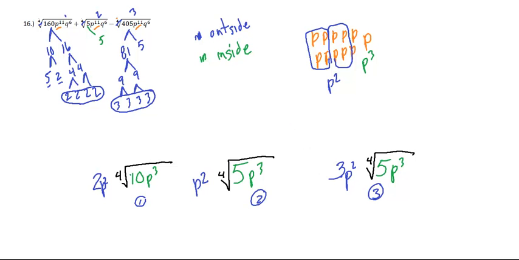Now I've got the same thing with q, really. With the q to the 6th in all 3 of them, I can do this all at once as well. 2, 3, 4, 5, 6. Those are beautiful q's.